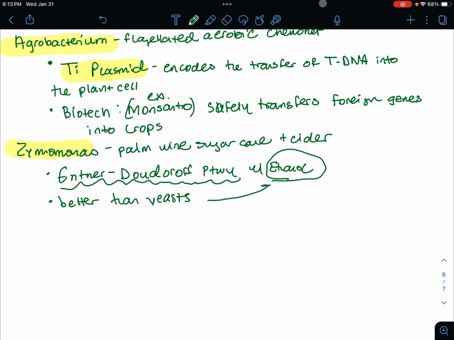All right, the next genus is Gluconobacter. These are going to be ellipsoidal or rod-shaped. They're going to be obligate aerobic chemoheterotrophs, so they need oxygen.